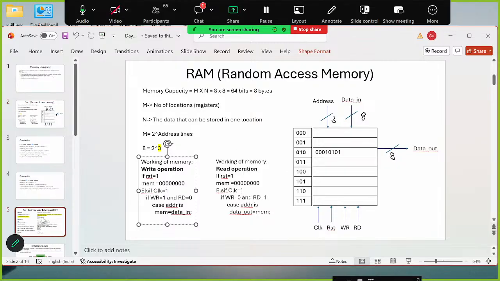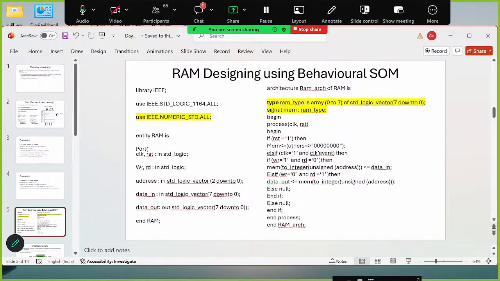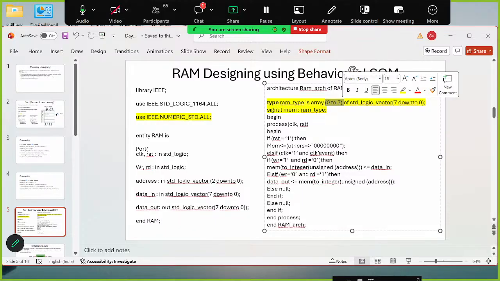Using this program and these conversion functions, there is no bound on the capacity of the memory you want to design. You can design any capacity memory. Just like this is an 8 into 8 memory design we have learned today, if you want to design 64 into 64 or 1 GB memory, you can do that.